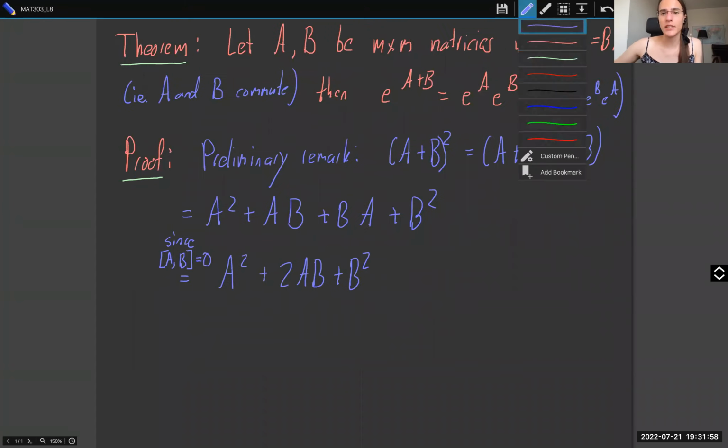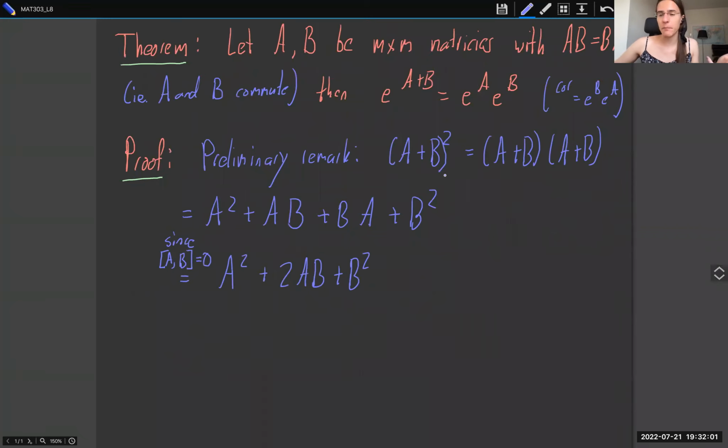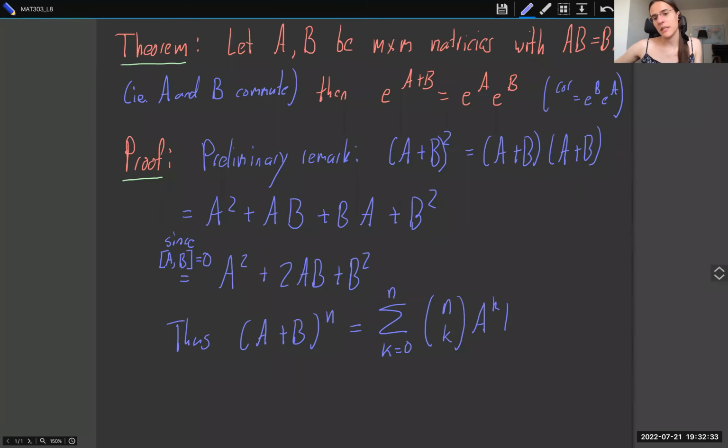As a consequence, we're going to be able to do this with all higher powers as well. What happens when we rearrange them to have all of the a's before all of the b's is that we're going to get the binomial theorem. Thus, (a+b)^n is equal to the sum from k equals 0 to n of n choose k, a^k b^(n-k).